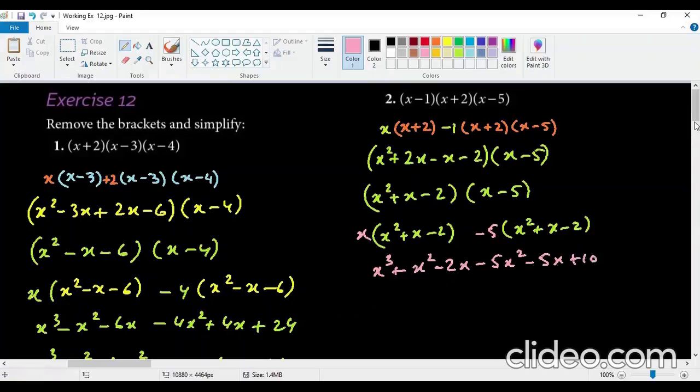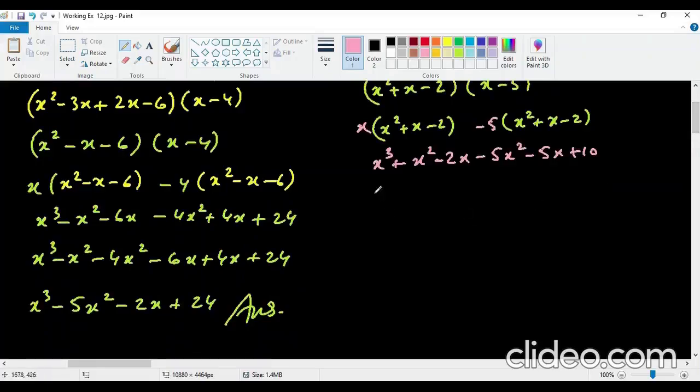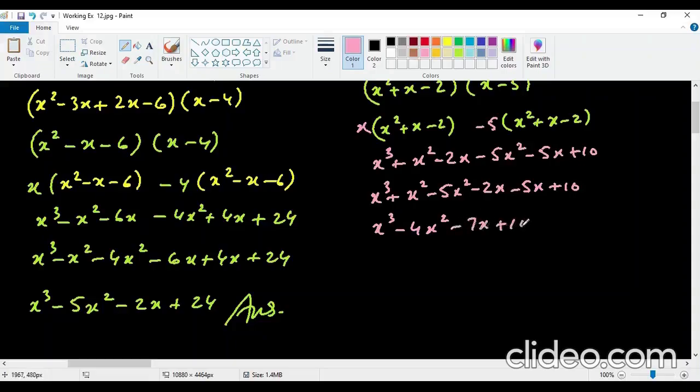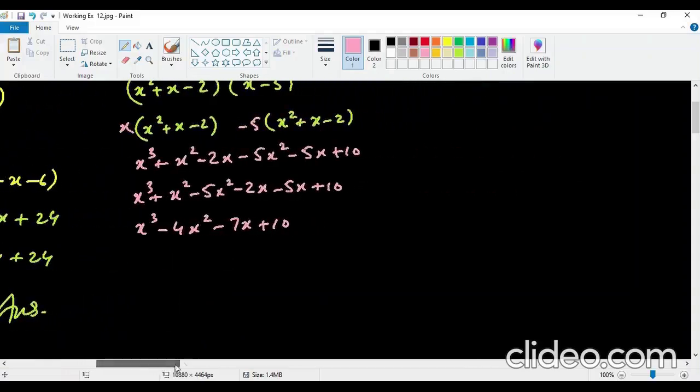So simplifying this one, it's going to give us x cube, keeping the like terms together, plus 5x minus 5x square minus 2x and minus 5x and plus 10. Further simplification is going to give you minus 4x square and minus 7x plus 10. Moving on to the next one.